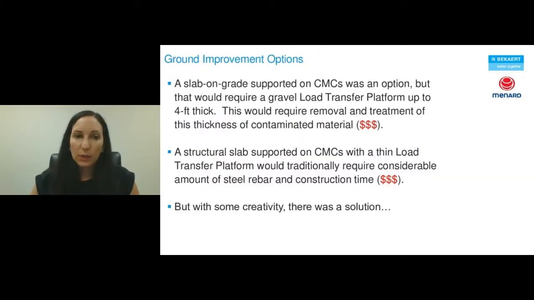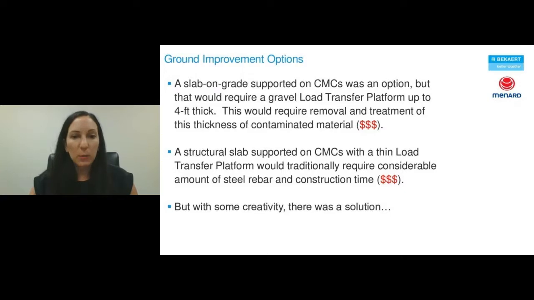So the options that were considered, right: a conventional slab on grade supported on CMCs with a very thick LTP or load transfer platform, about 4 feet thick, which would have required removal and treatment of that contaminated material, or a structured slab with conventional reinforcing, which would have been significant.